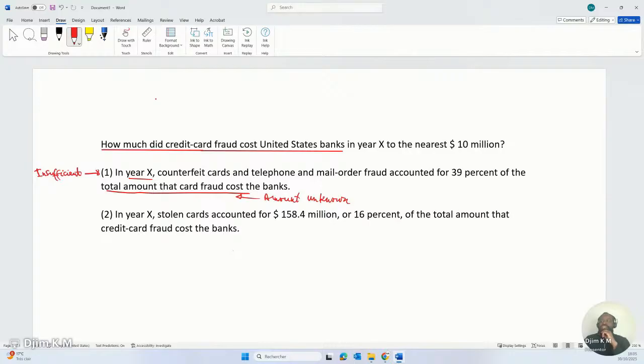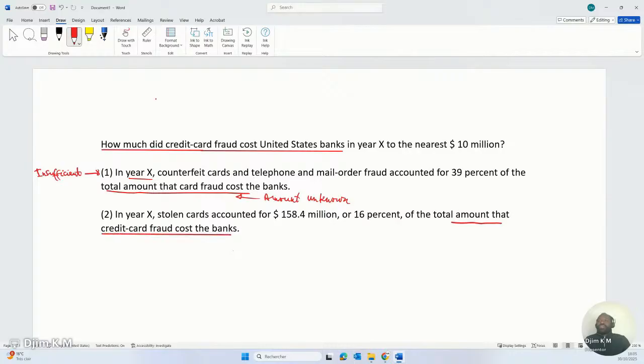The second condition says in year X, stolen cards accounted for $158.4 million, or 16% of the total amount that credit card fraud cost the banks. So we are looking for the total amount of credit card fraud.